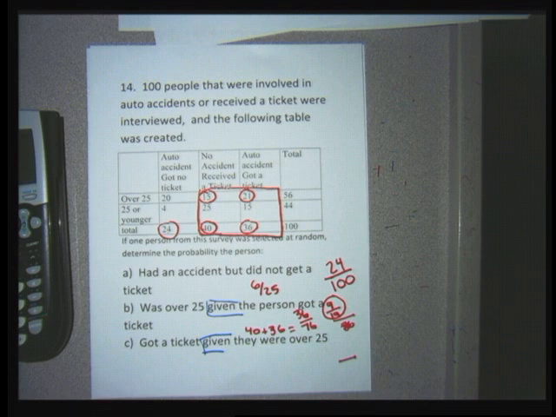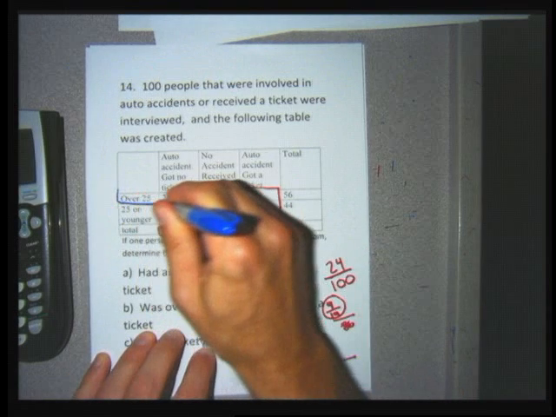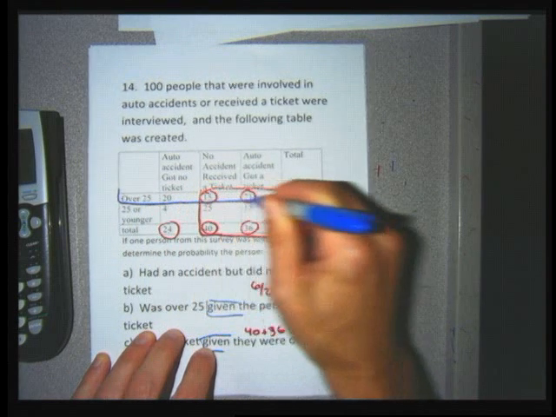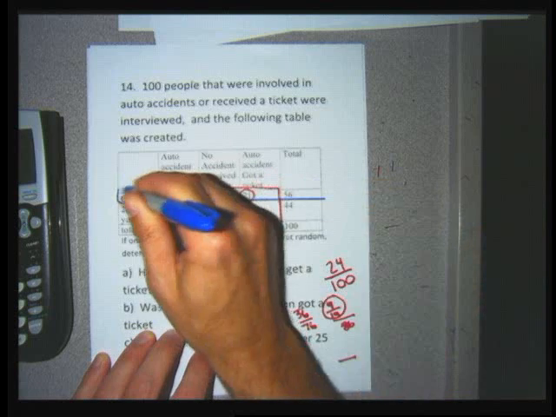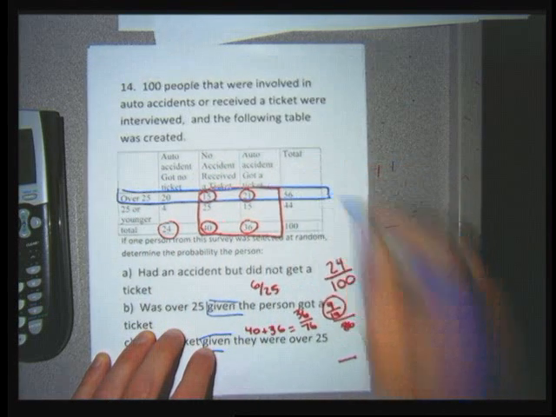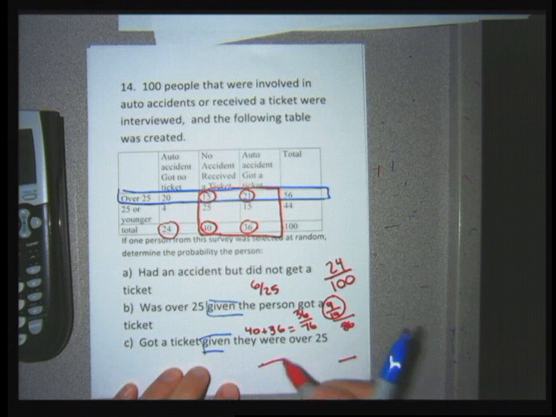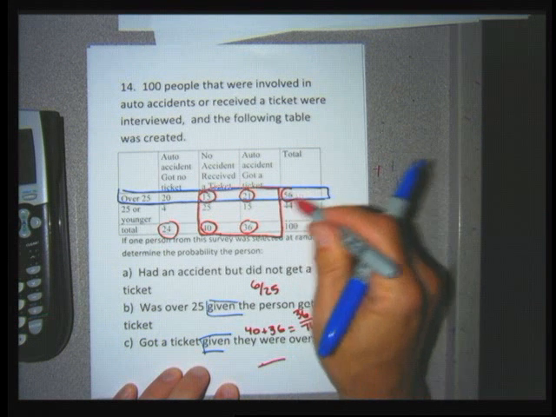For part C, the question is, what's the probability they got a ticket given they were over 25? The portion of the sample space that I'm looking at is just the line that corresponds to over 25. The denominator for the answer for question C is going to be the total number of people that were over 25, and that's this 56.